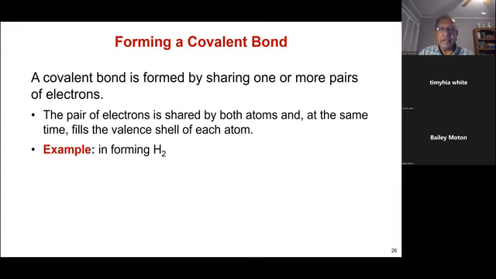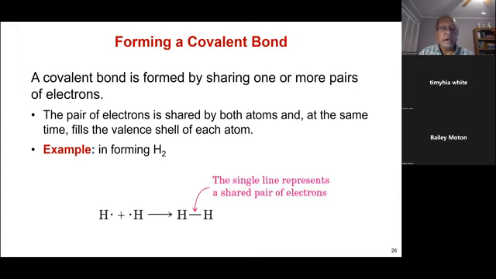For example, the hydrogen molecule. There are 2 hydrogen atoms, hydrogen gas. The Lewis dot symbol for hydrogen shows 2 atoms, with a single electron on each atom.